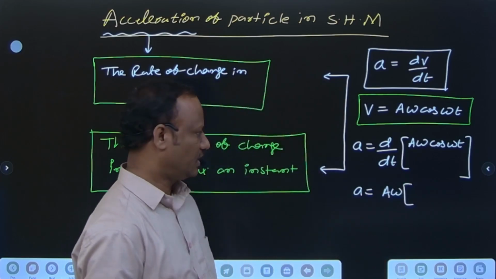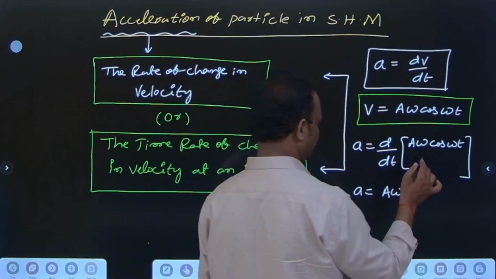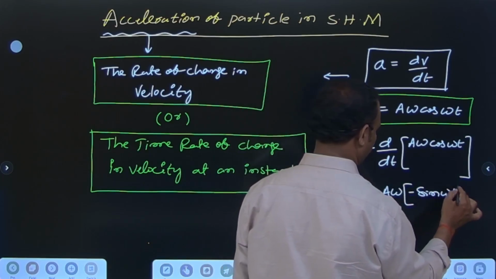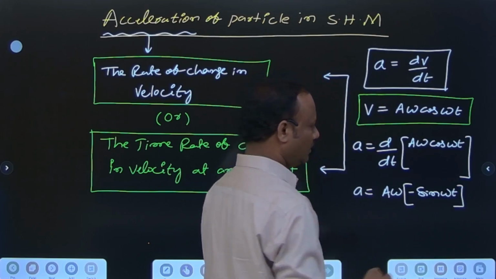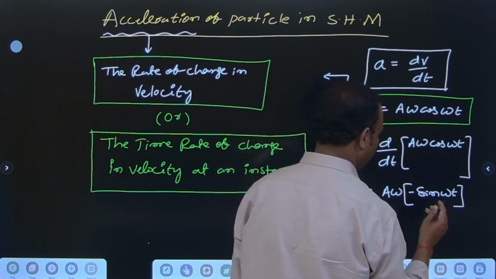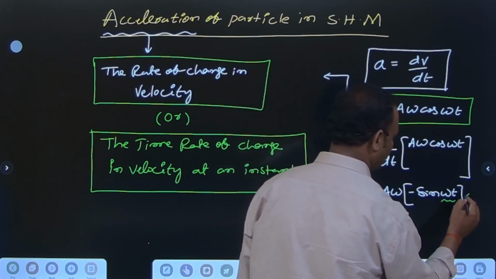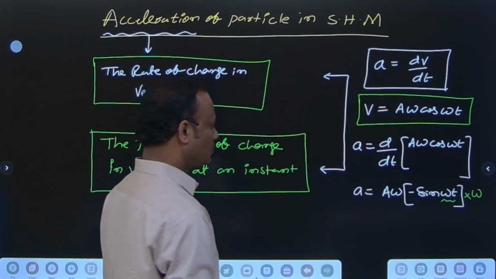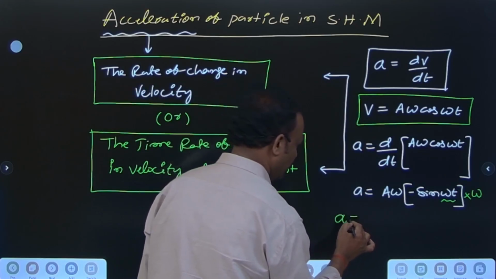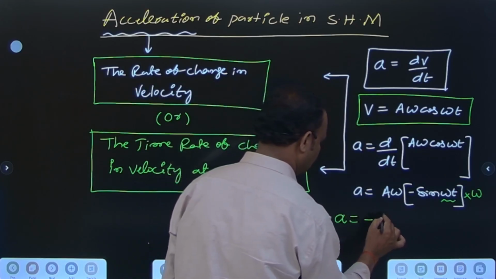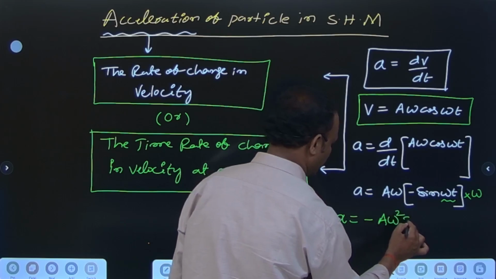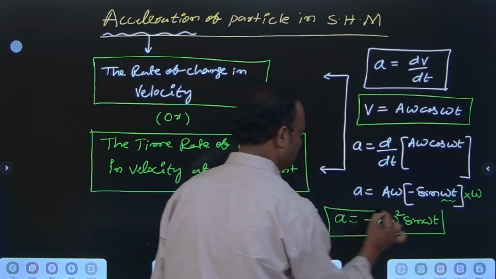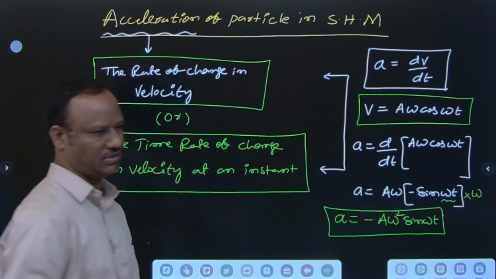Differentiation of cos omega t with respect to time gives minus sin omega t, and again the differentiation of omega t gives omega. So the formula for acceleration is a is equal to minus A omega square sin omega t.